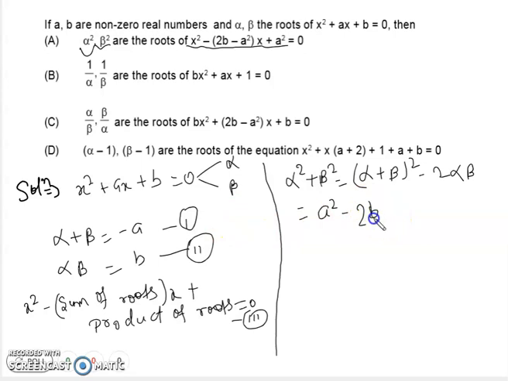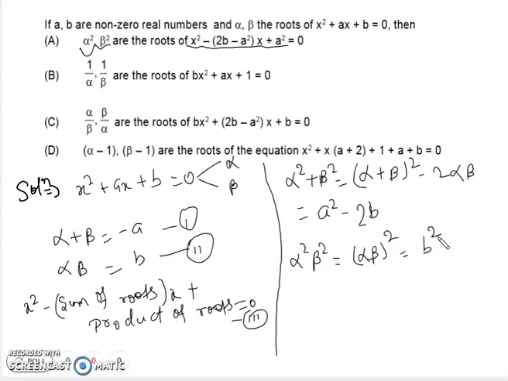So the sum of roots is a square minus 2b, guys, and the product of roots is alpha square beta square, which is alpha beta whole square, right? Are you getting my points, guys? And alpha beta is equal to b from equation second, so you can write b square, guys, right?